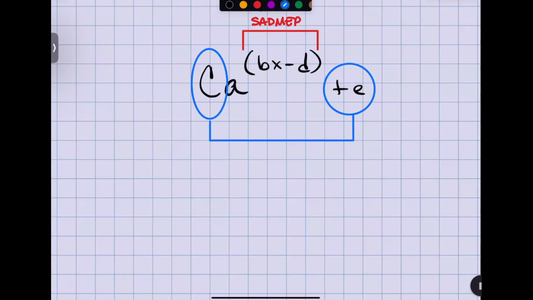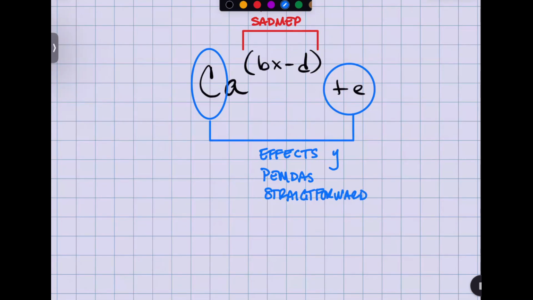There's outside the parentheses. That affects what? And everything's straightforward. So this is going to be PEMDAS and straightforward. Oh, no, just a number.